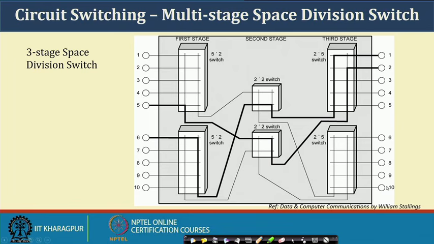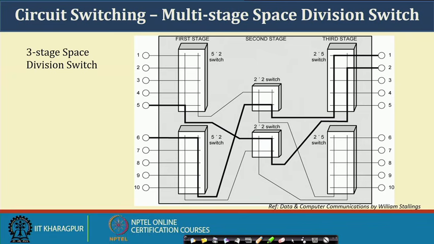That was a single stage. It can also be multi-stage, where you have switches in different stages, and in doing so there can be optimization of this type of space division switching.